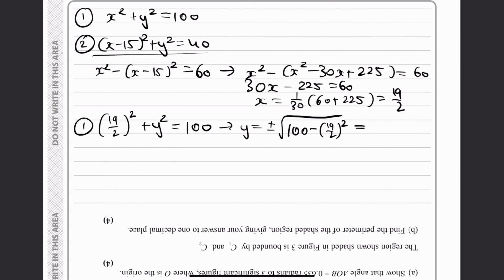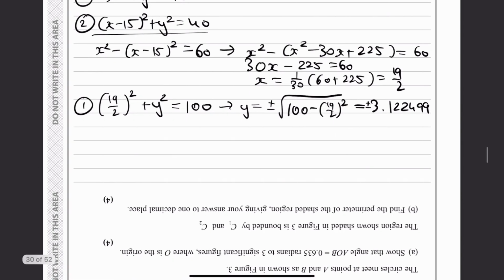And the two solutions we get for that, 100 minus 19/2 squared, is 3.122499, plus or minus. So the 2 points of intersection are going to be 19/2, so that's 9.5.